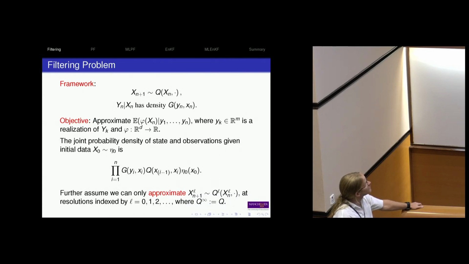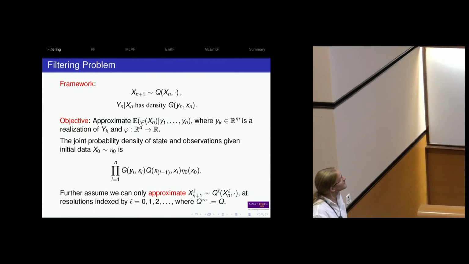And so we're aiming to approximate the posterior expectation, given historical observations up to time n, of some function phi of the state at time n, where y_k is a realization of capital Y_k and phi is just some functional. So the joint probability density of the state and observations given the initial data takes this form.